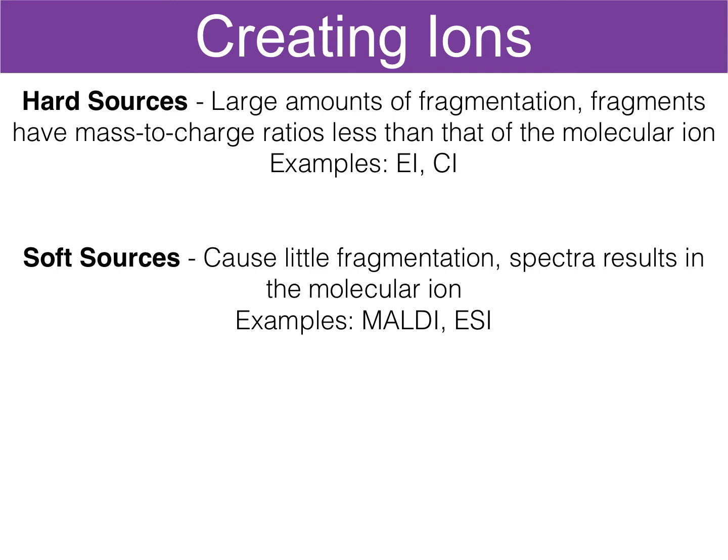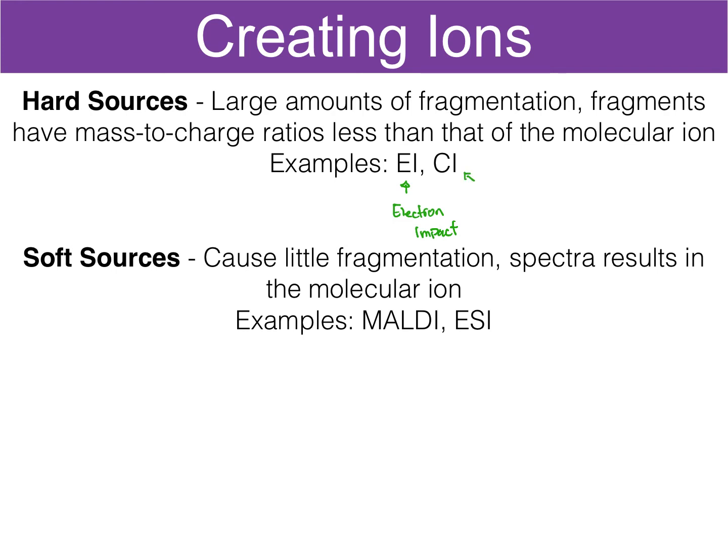These fragments have charge to mass ratios less than that of the molecular ion. Examples are electron impact. This is the mass spec that we've been looking at in the POGL and the mass spec that you collect in the lab. These are electron impact mass spec. You get lots and lots of fragmentation.